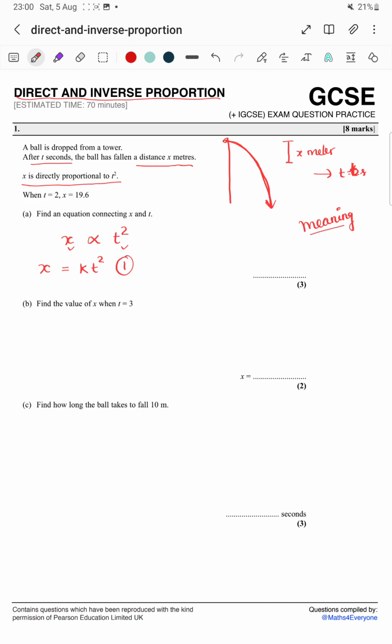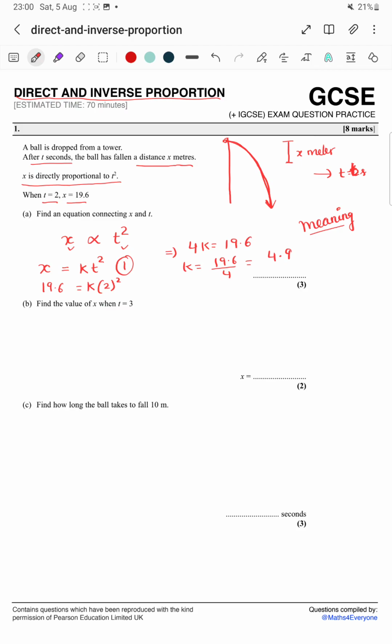Now they say when t is 2, x is 19.6. So I will substitute these values here. What I am going to get is 4k is equal to 19.6, or k is equal to 19.6 divided by 4, which is 4.9.